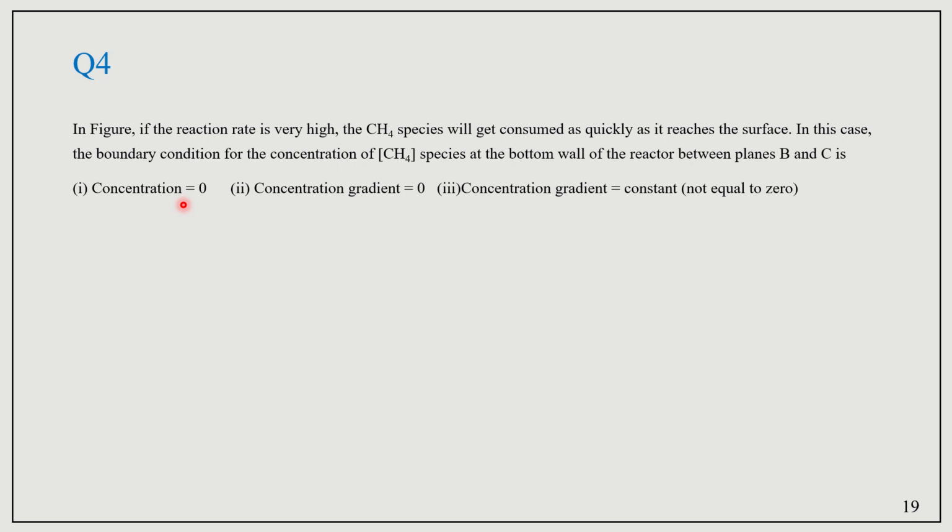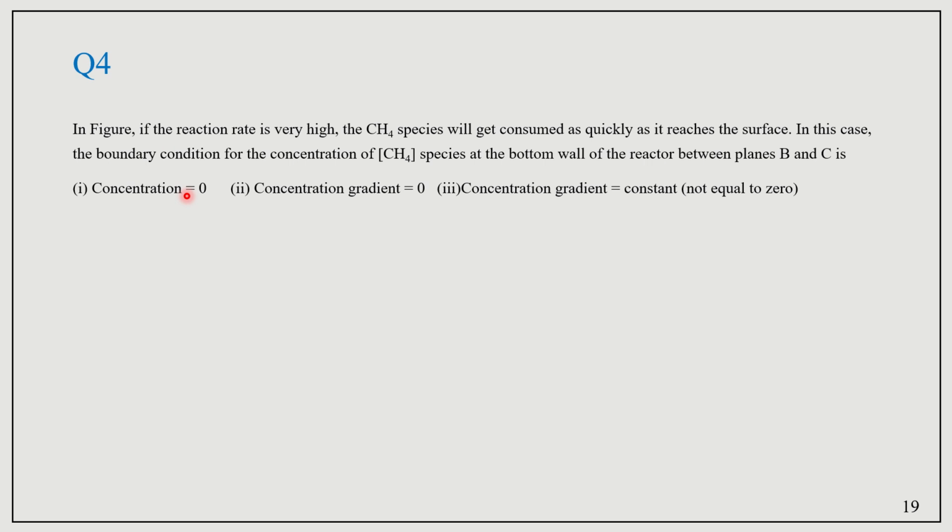So option 1, concentration is 0, is the right answer. Concentration gradient equal to 0 means that there is no variation of methane across the bottom wall. However, because it is mentioned the reaction rate is very high and methane species will get consumed quickly, we are going with the first one, that is concentration is 0.